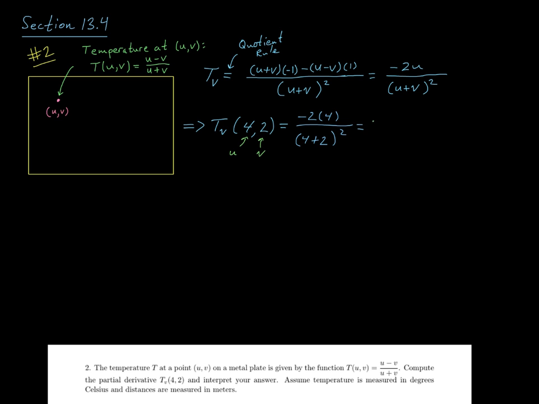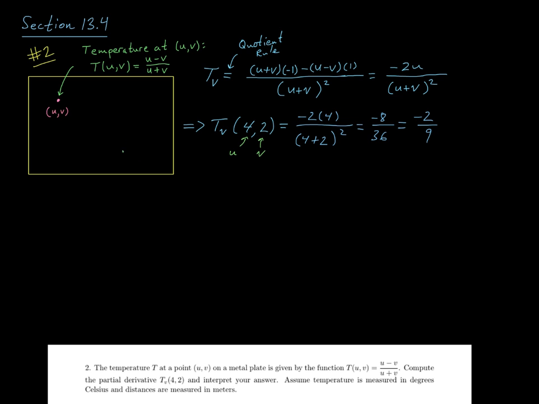So this is minus 8 divided by 6 squared, so that's 36. Go ahead and divide by 4, so you get minus 2/9. Okay, great. Well, that is the derivative, but now let's interpret what exactly this is saying.